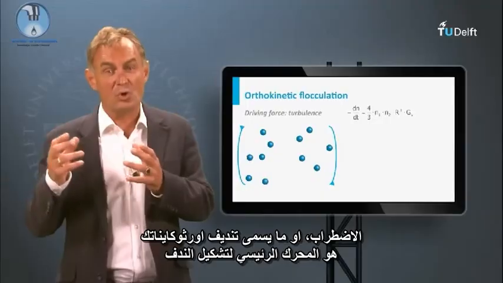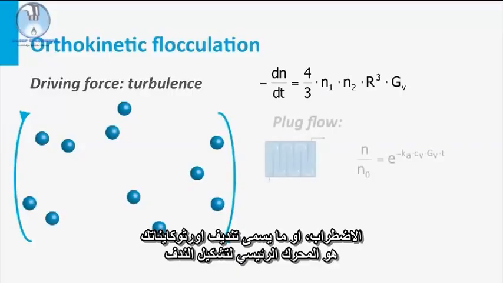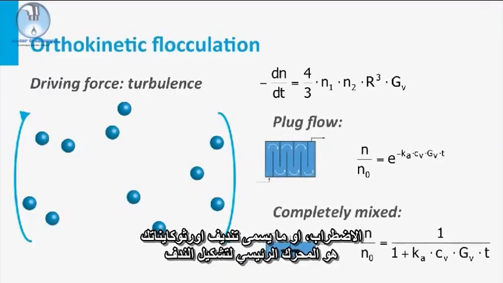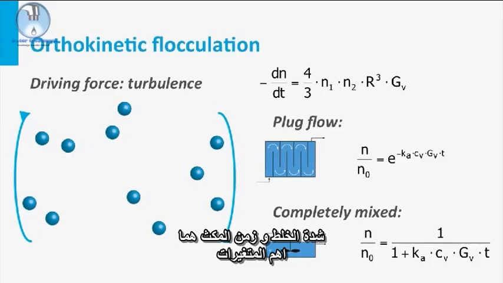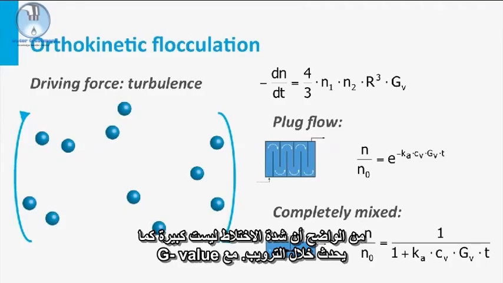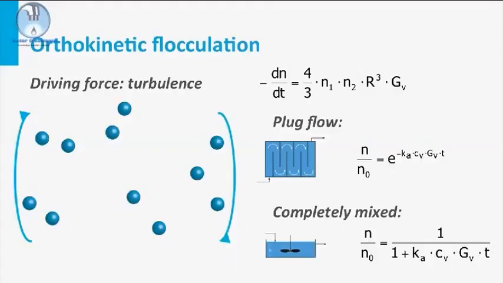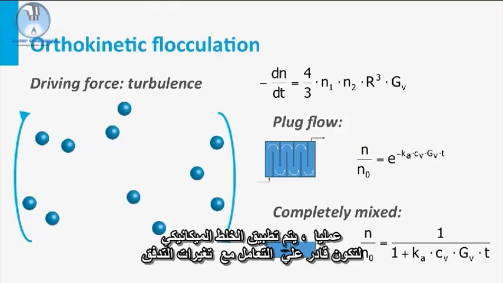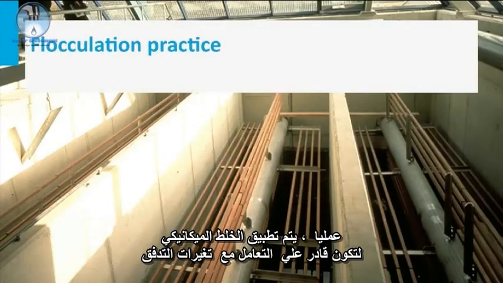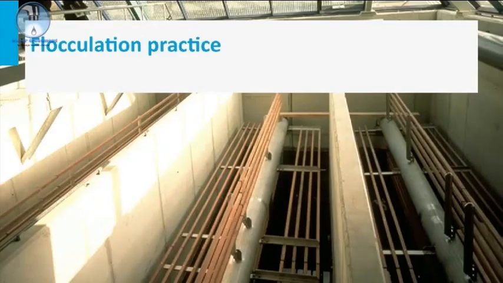Turbulence, so-called orthokinetic flocculation, is the main driver for the floc formation, and mixing intensity and residence time are the most important variables. Obviously, the mixing intensity is not as high as during coagulation, with G values between 5 and 100 per second. In practice, mostly mechanical mixing is applied to be able to react to flow variations.